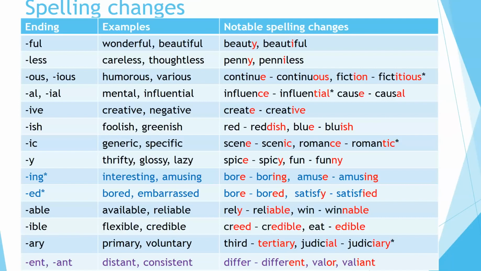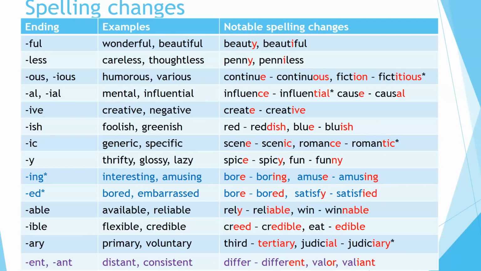ED, ending. Bore, bored. In this case, instead of adding an ED, we simply add a D because there's already an E there. Satisfy, drop the Y, change it to I and add ED. Satisfied.